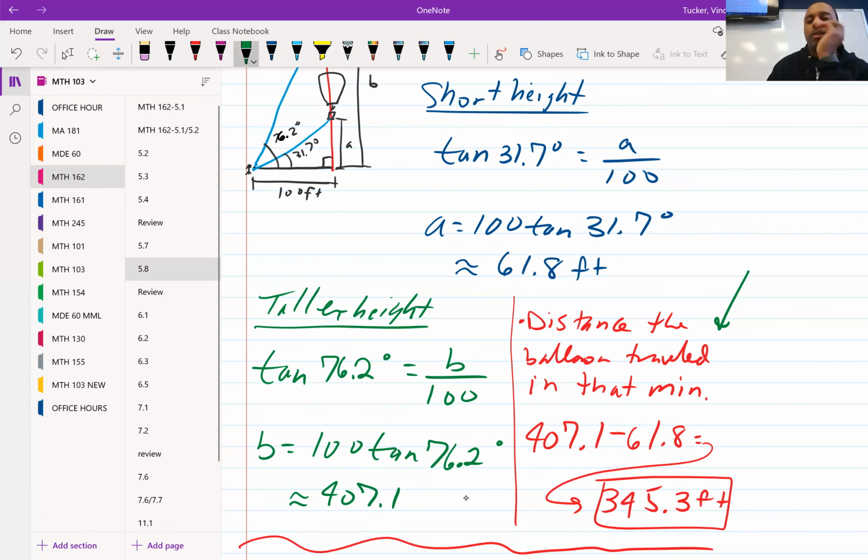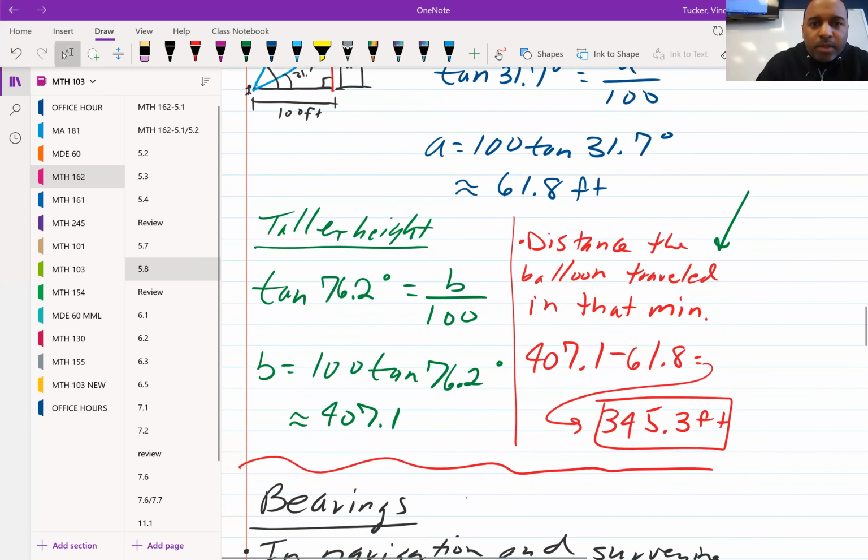Any questions? Anybody still copying before we look at bearings?